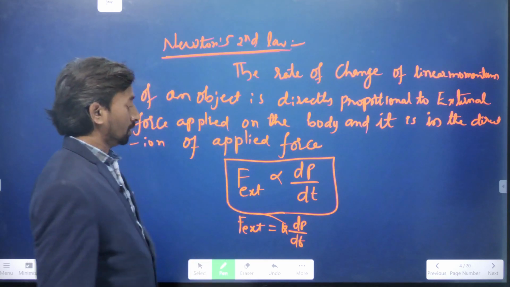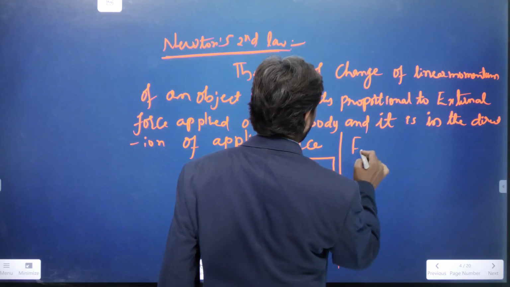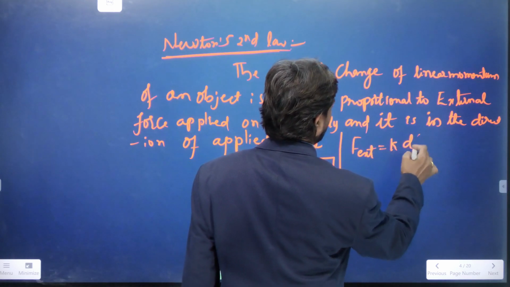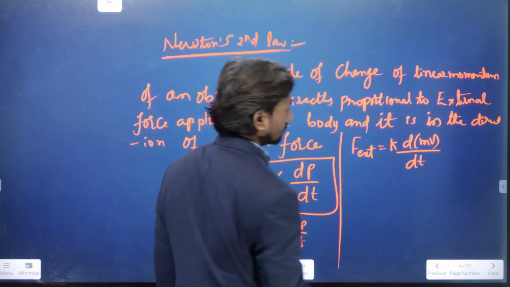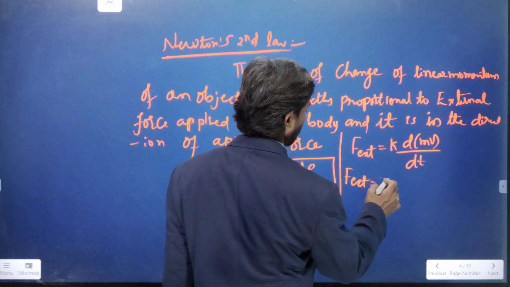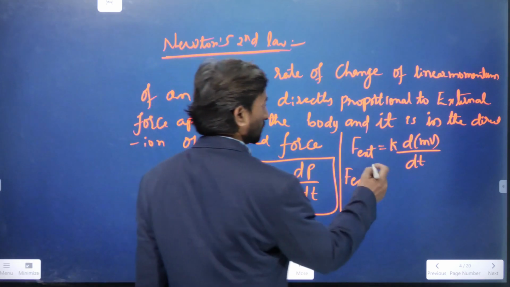So what is the momentum p value? What can we write here? F external is equal to k into d of mv divided by dt. Here m is a constant. When the force is applied and the body comes into motion, the mass of the body does not change, so mass is constant.